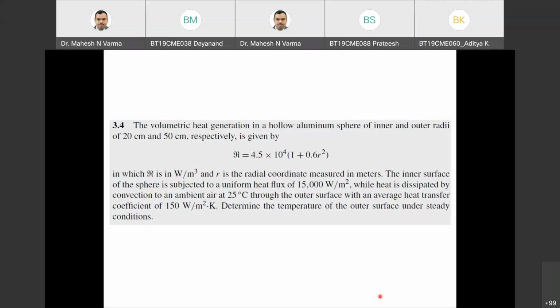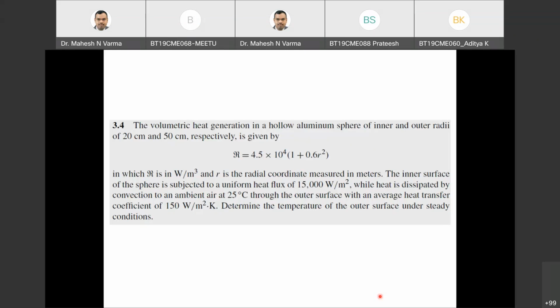Yes, sir. Can you just give an outline of how to solve this problem? Sir, first we are given an equation in watt per meter cube, so we can calculate the heat generation for the entire mass of that aluminum sphere.